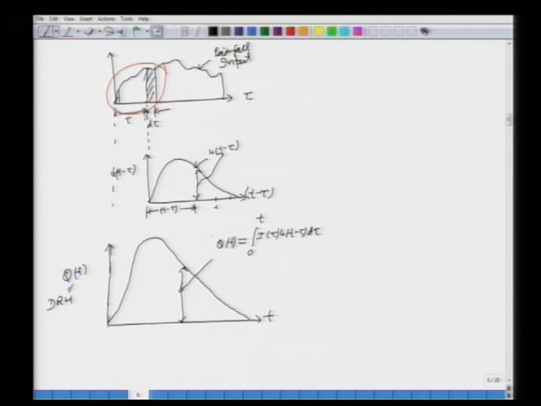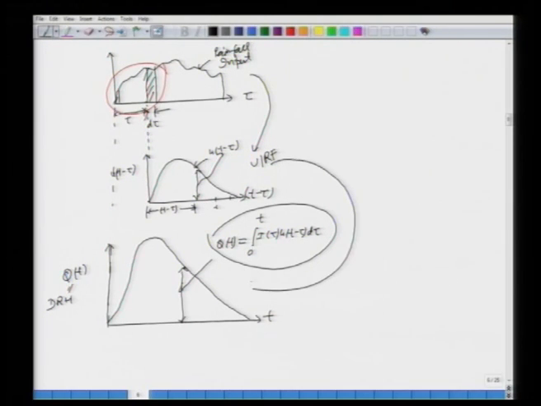Okay. This is your convolution integral. Okay. So, what we have is this input falling on the catchment. You are using the unit impulse response function, which we already have, let us say, and then the final output is given by this curve here.